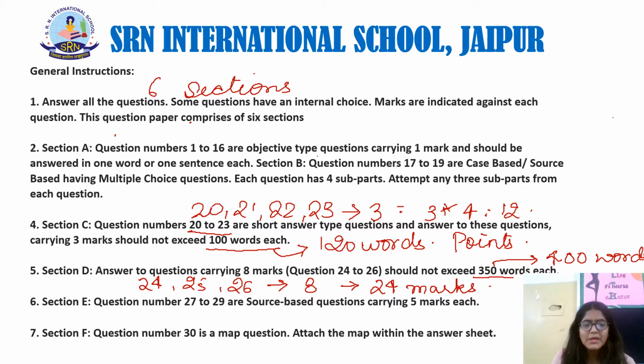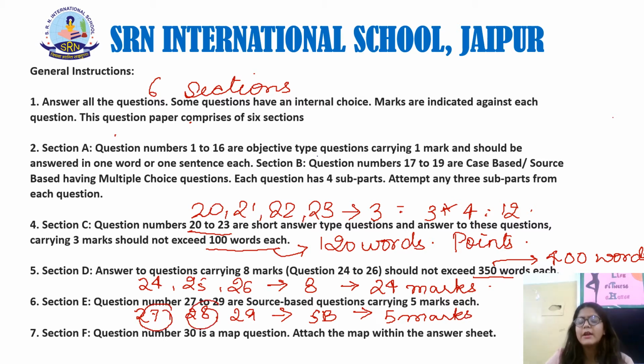Next we'll move towards Section E. Section E again has 3 questions, 27, 28 and 29. These are source based questions carrying 5 marks each. For 27 there are 5 marks, for 28 there are 5 marks, and for 29 there are 5 marks.